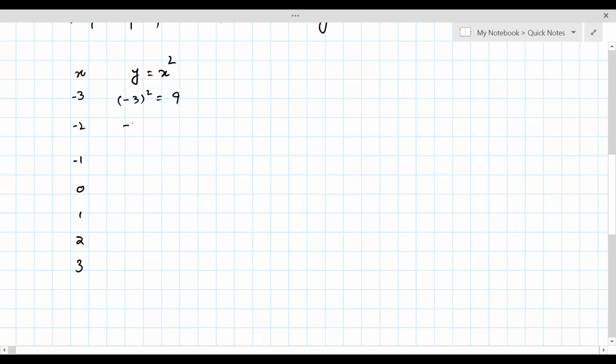Here we have minus 2 square, which is equal to 4, minus 1 square, which is equal to 1, 0 square is equal to 0, 1 square is equal to 1, 2 square is equal to 4, and 3 square is equal to 9.